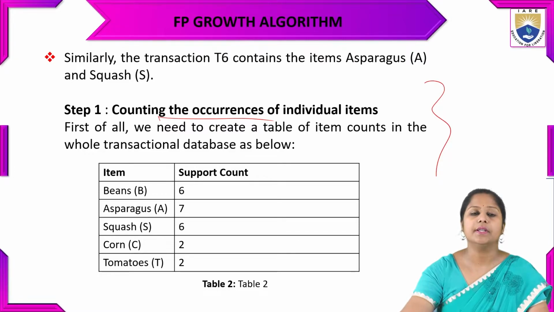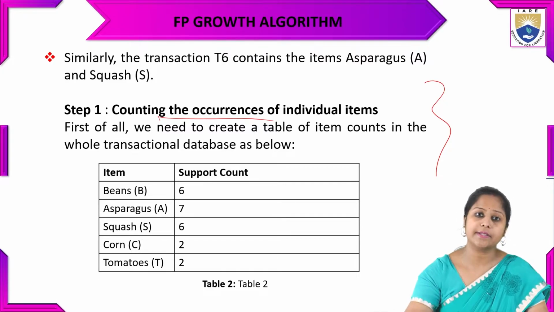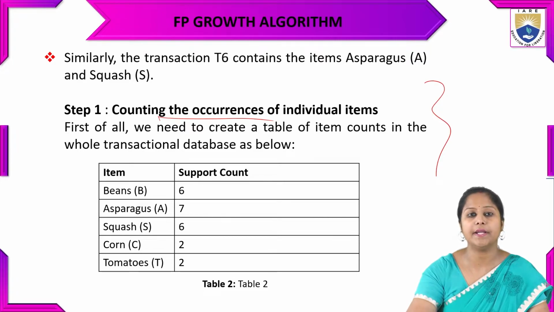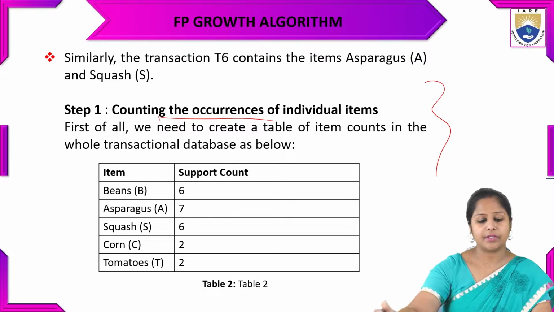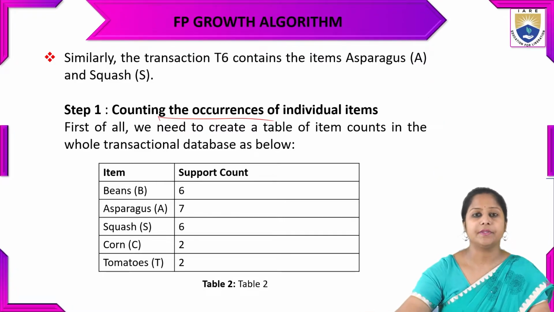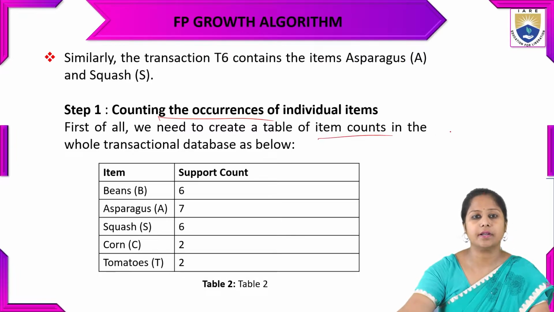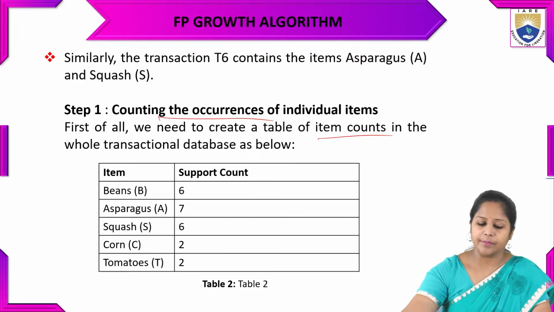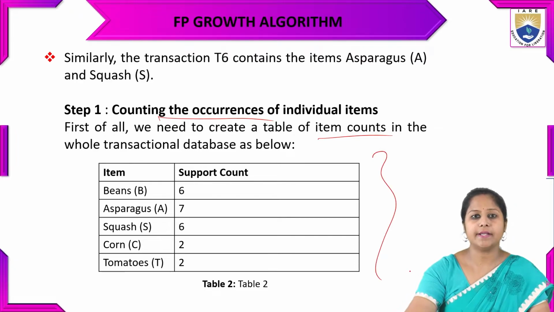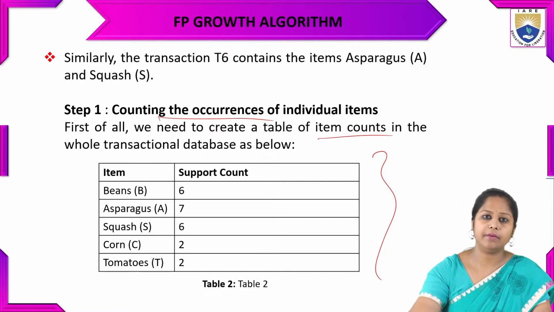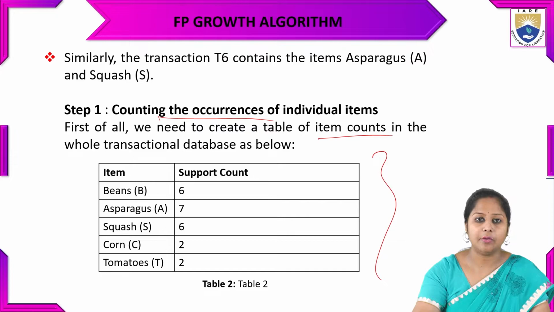If the T1 transaction has asparagus, then for each transaction up to T9, we have to check how many times asparagus is occurring. First of all, we need to create a table of item counts over the whole transaction data. Here it is. This is Table 2, constructed from the main table. From the main table, we count how many of each item there are.